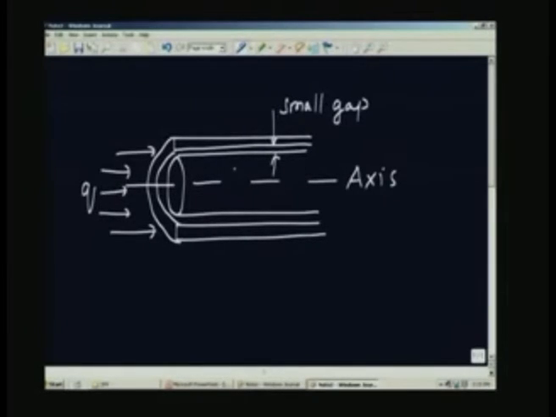For example, this may be 25 millimeter diameter typically. This may be the outer diameter, there may be about 40 millimeters.